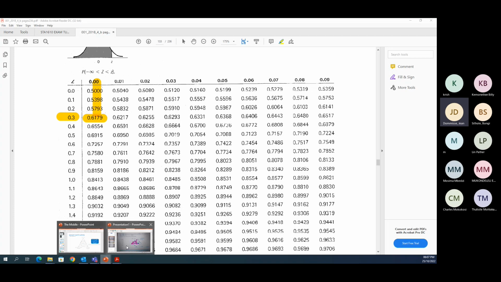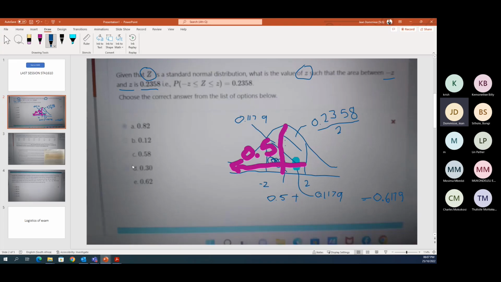So let's just look if that was one of the options, 0.3. Okay, so basically they tell us that we have a Z, we need to work out the Z. They give us that area in between.